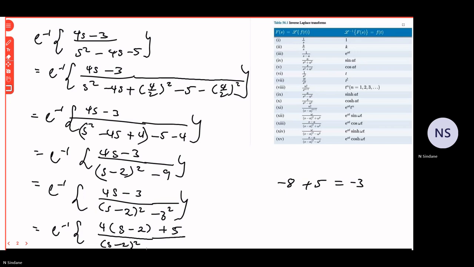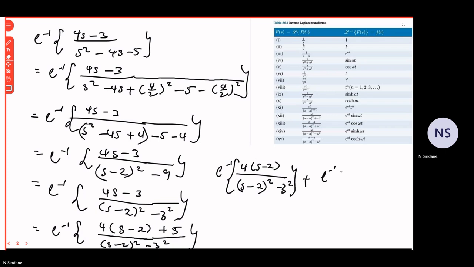Now I can split the two. Because of this positive sign, I can split them into 4 into s minus 2 divided by s minus 2 squared minus 3 squared, the Laplace inverse of that, plus the Laplace inverse of 5 over s minus 2 squared minus 3 squared.